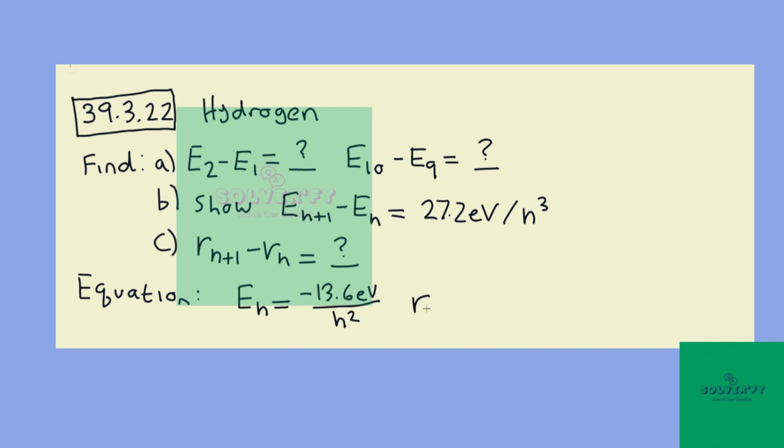Similarly, the radius of a particular energy level that an electron is orbiting can be expressed as the Bohr radius a naught, which is some constant which we don't actually need to know for this problem, times n squared. So these are the equations we'll need. So let's jump into it.